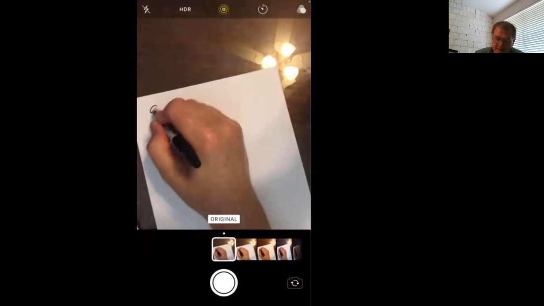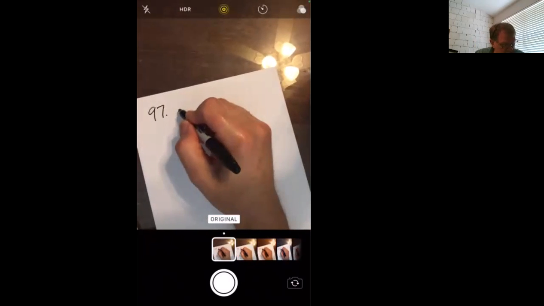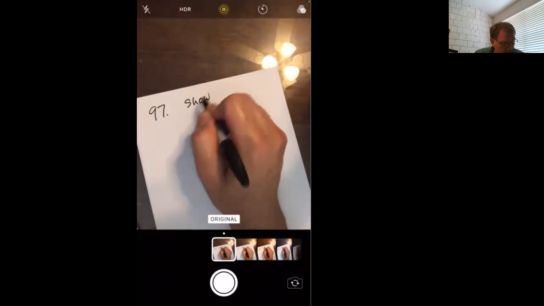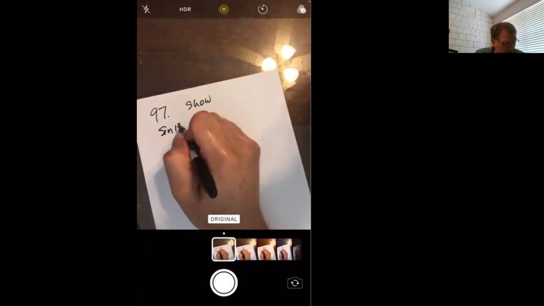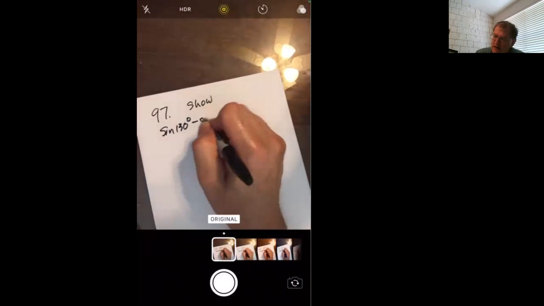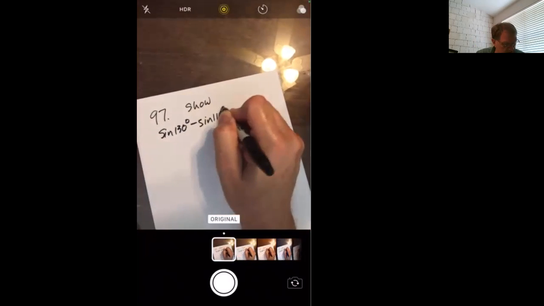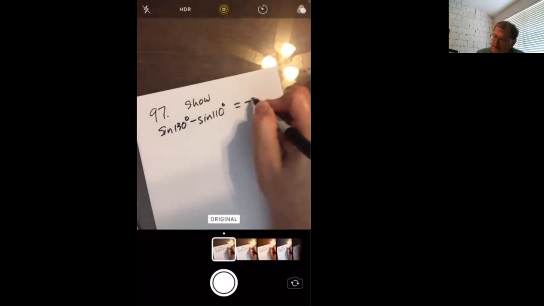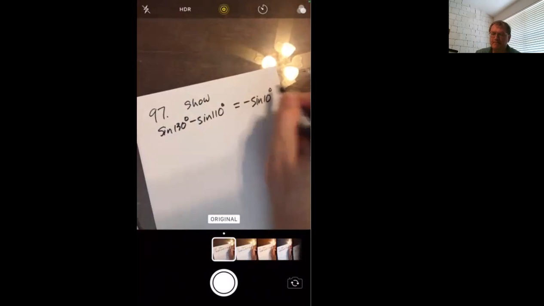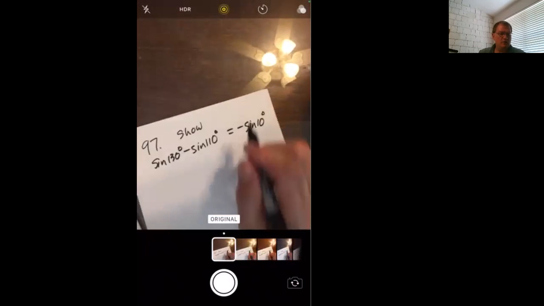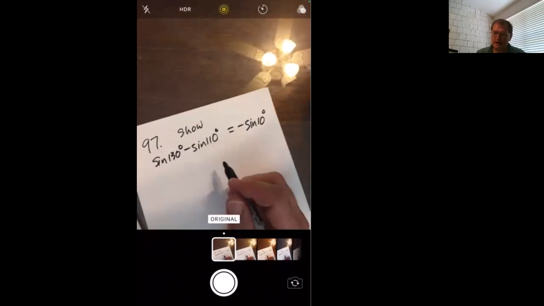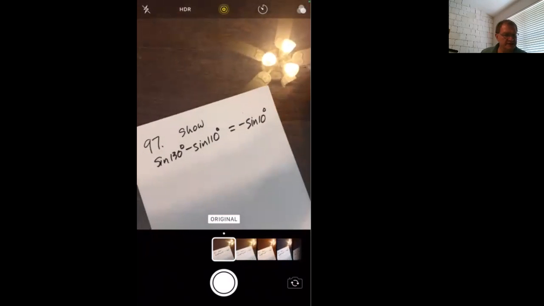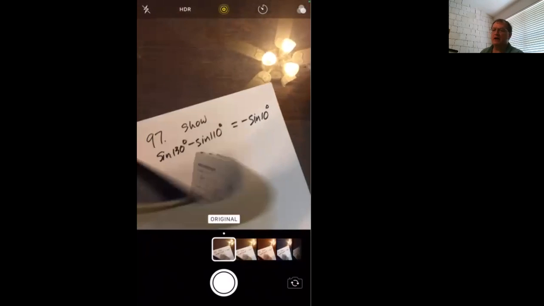Okay, 97. Show that sine of 130 degrees subtract sine of 110 degrees comes up negative sine of 10 degrees. All right, well, let's plug in. We need a sine minus sine. That's the second one here. So I'm just going to copy it down.